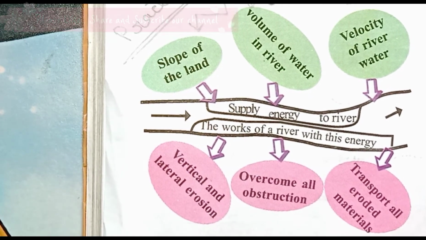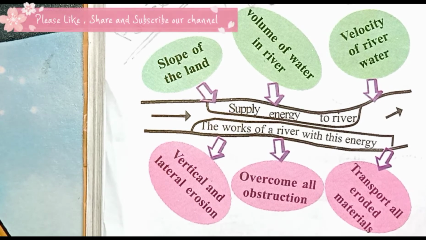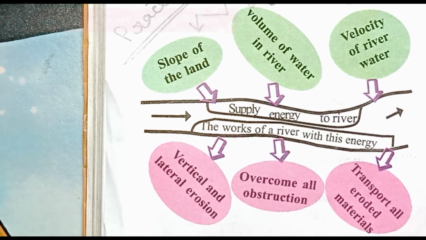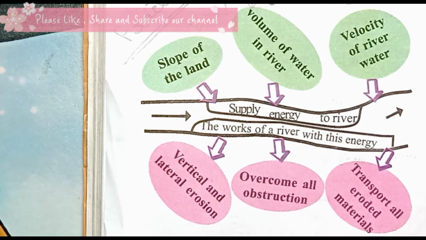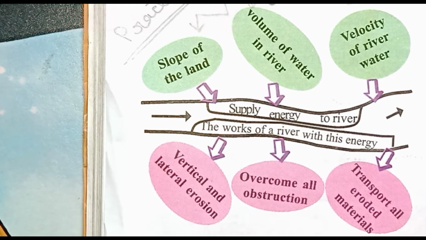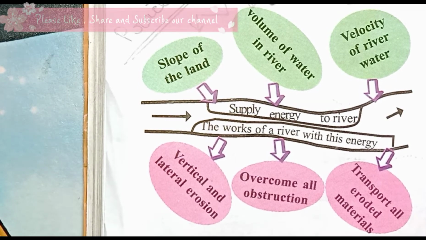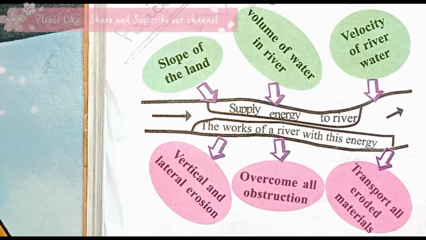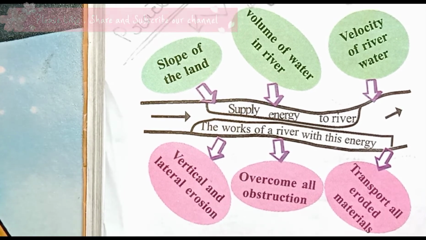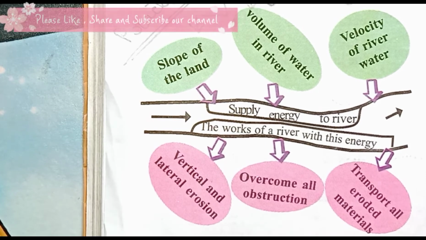A river gets its power from the volume and the speed of water, the slope of the land on which it is flowing, and some other factors. A river with more power can erode and transport more efficiently.